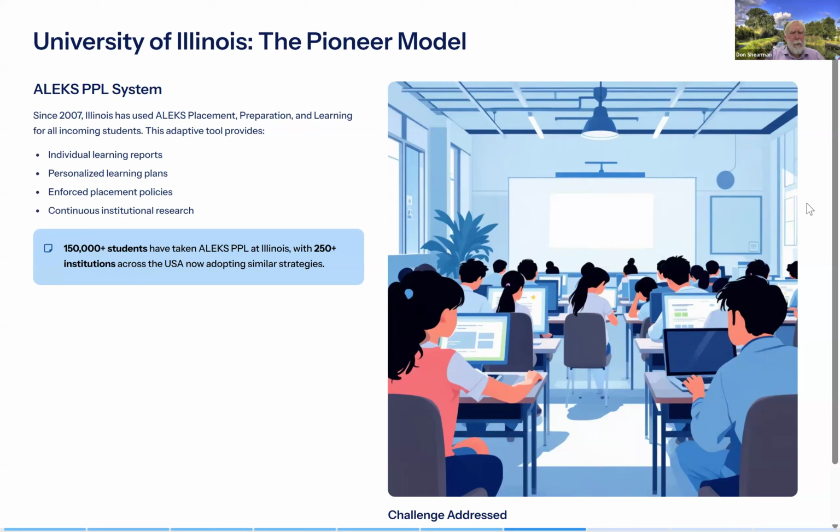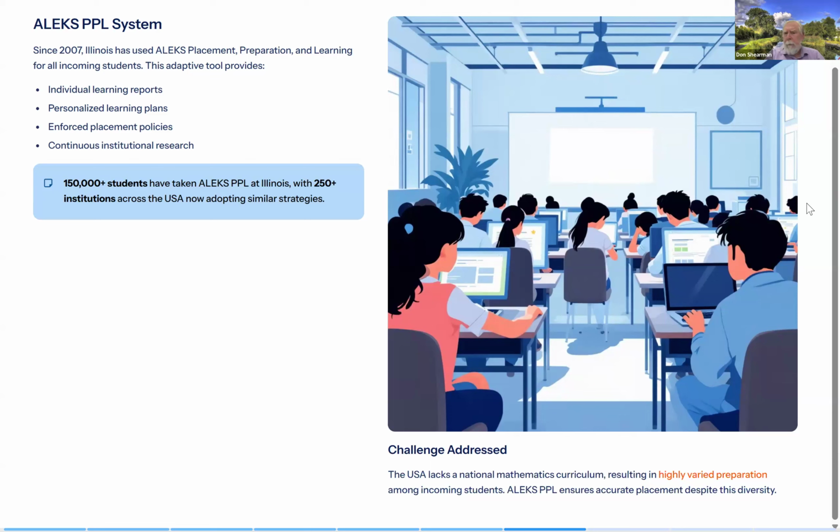I think it's now more like 180,000 this year have taken the test at Illinois, and it's now being used by 250 universities across Europe and the US. And as I mentioned before, because the US likes this national curriculum, having something like this is essential to place students accurately and successfully.